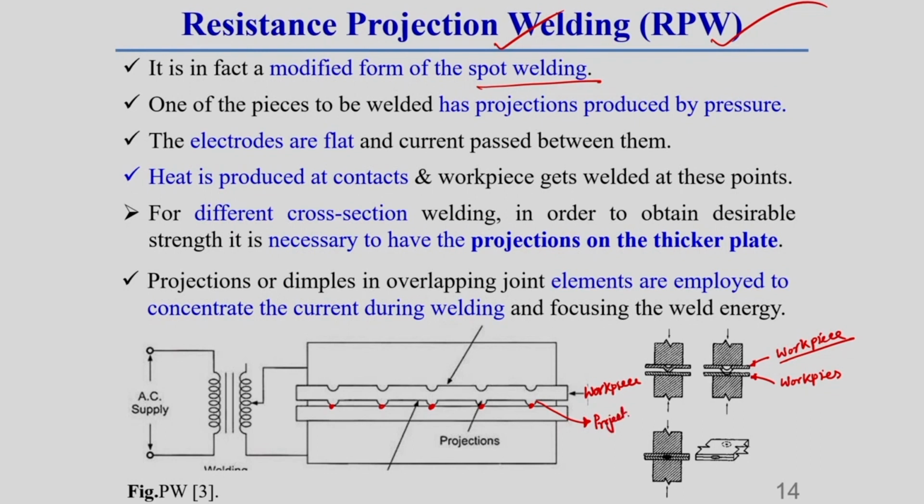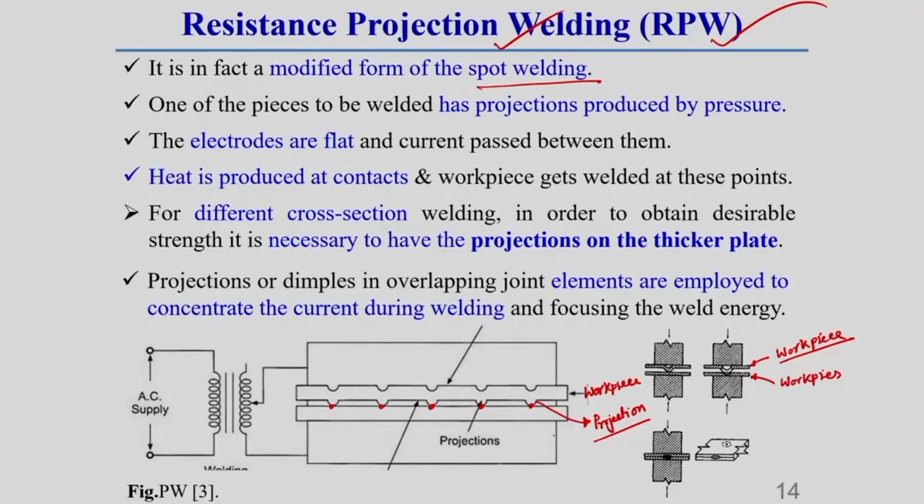So, this projection is the important part of this resistance projection welding process, and that means beforehand we have to make an indent in one workpiece. This is one workpiece, this is another workpiece. The other workpiece generally remains as it is.